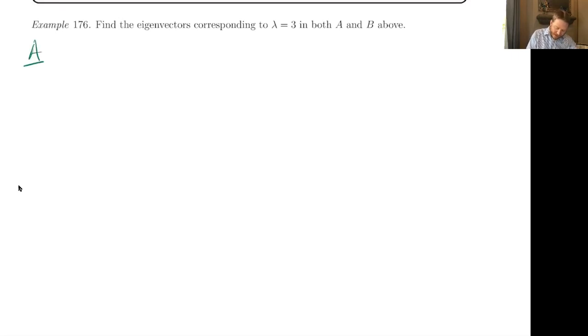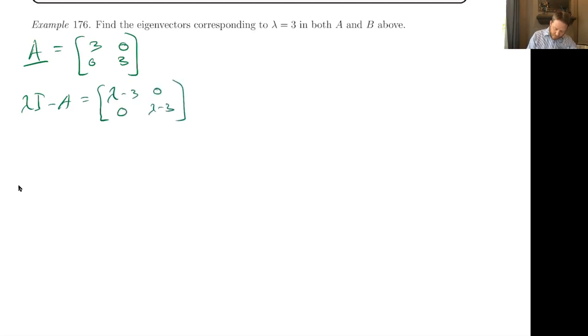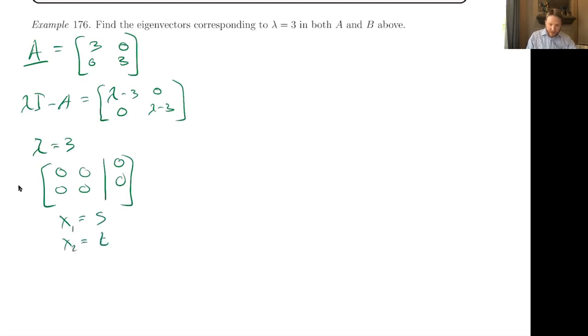So for the case A, right, [3, 0, 0, 3], lambda I minus A is just lambda minus 3, lambda minus 3. So when I plug in lambda equals 3 to this, I get all zeros. And what happens is x1 is free and x2 is free, but they're free from each other also.